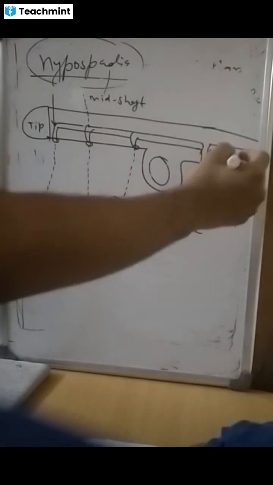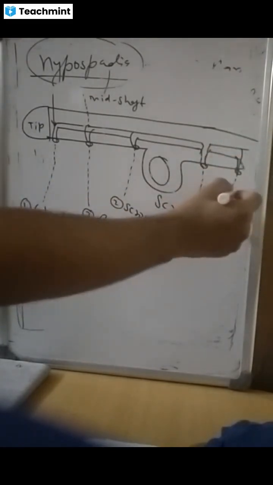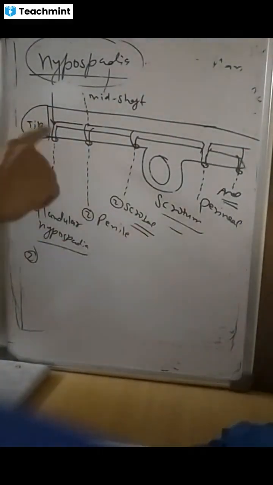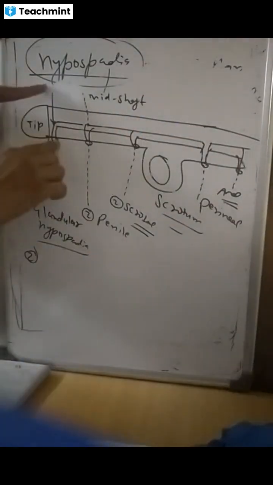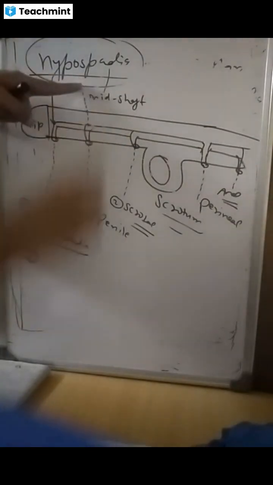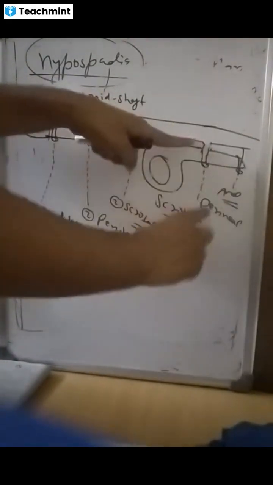And behind this, it is called anal hypospadias. So there are four locations: near the head or tip, glandular; mid-side, penile; near the scrotum, scrotal; and behind this, perineal hypospadias.